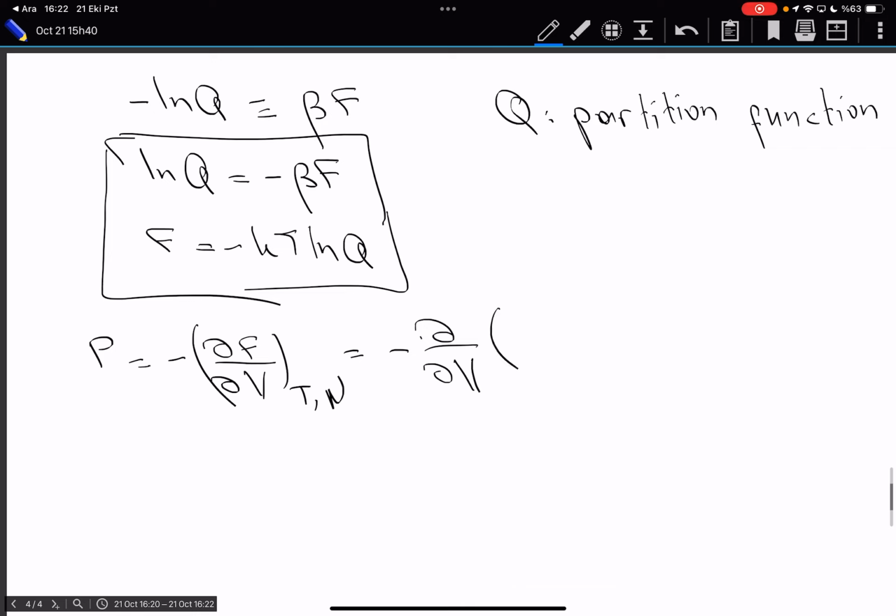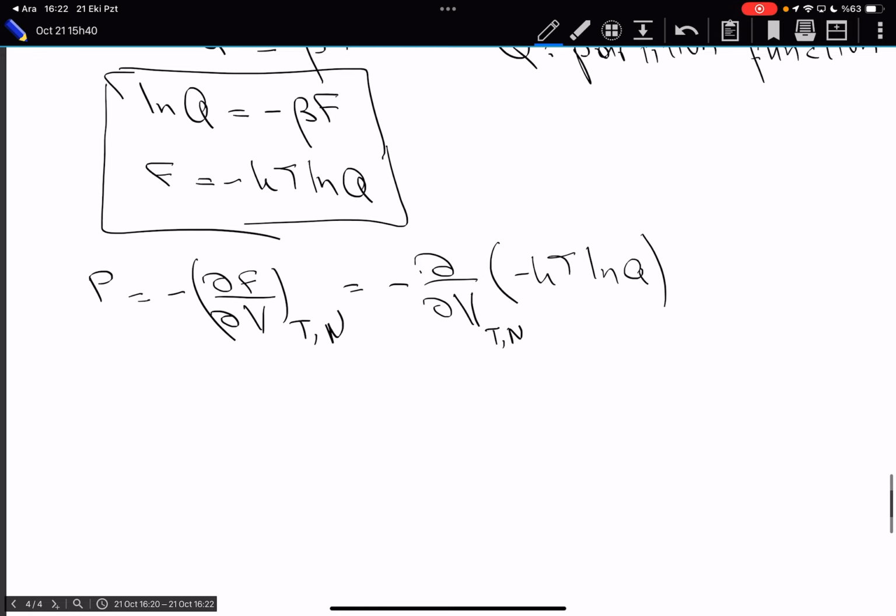Well, free energy, we just said that it's minus kT times logarithm of Q. Keep in mind that we are taking this derivative at constant temperature and the number of particles. Well, these minus signs will cancel. This is equal to k times T times 1 over Q times the derivative of Q with respect to volume at constant temperature and number of particles.